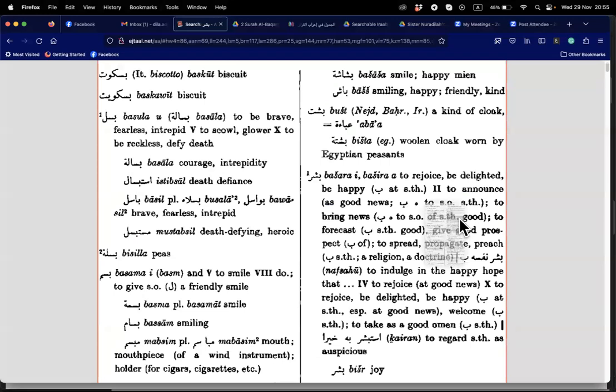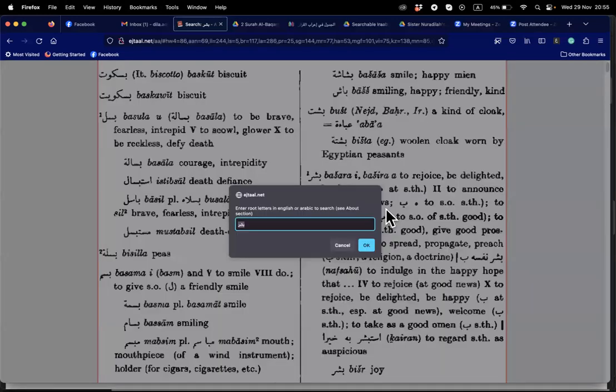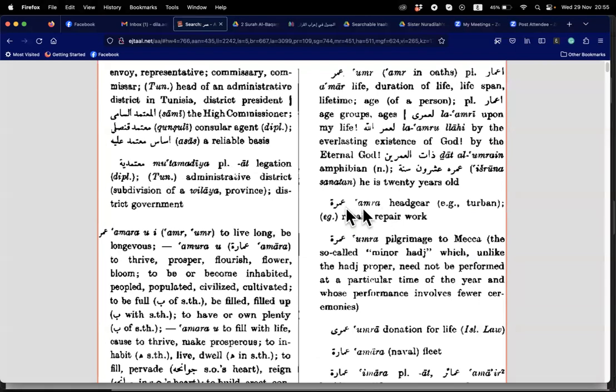Whatever root letters you search for, they will give you like this, so I don't know, Ain Mim Ra. So you can see Nasara Yansuru, Daraba Yadribu, and then you have 2 masdar here. And after that, you have Karuma Yakrumu, and then another masdar for that tribe. Okay. So one root letter can have different tribes with the same meaning, or one root letter can have different tribes with different meanings.